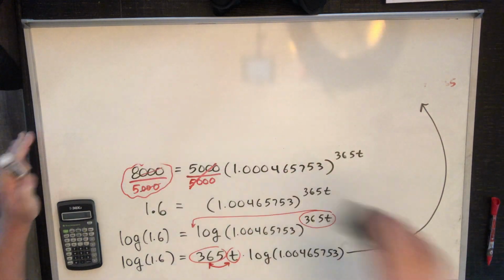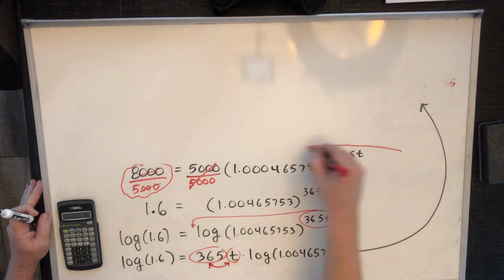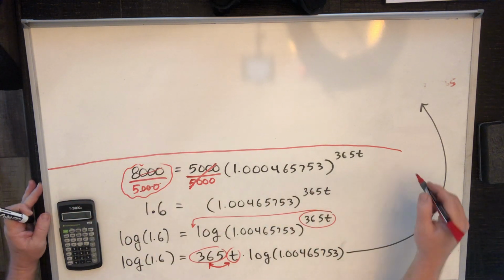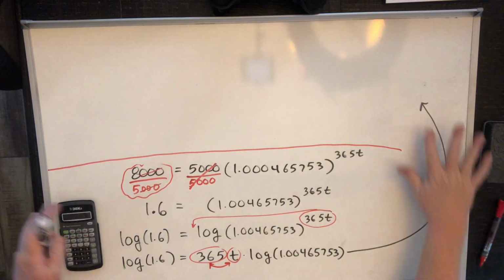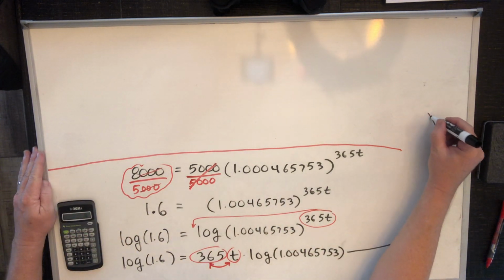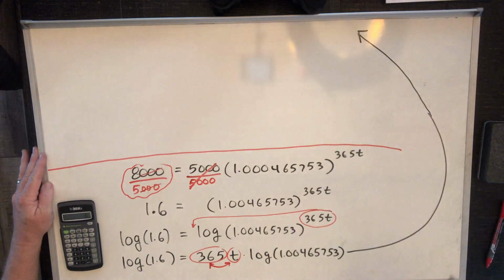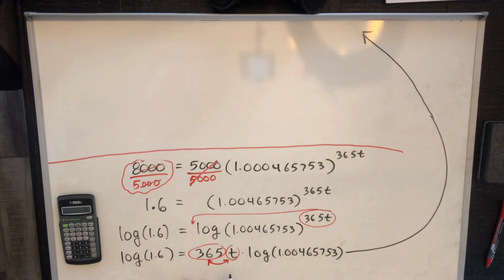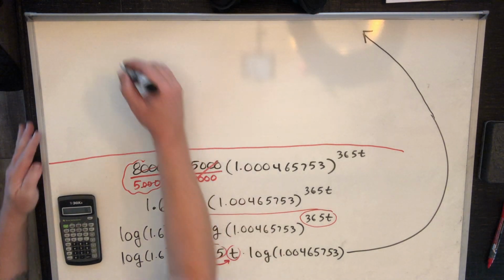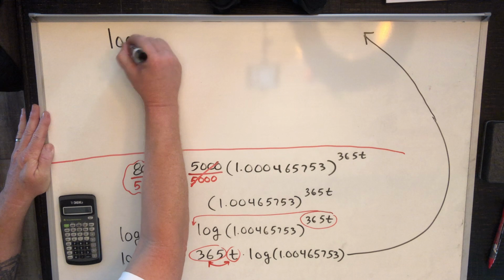Hopefully I'm not losing anybody by doing this. If so, just rewind and watch it carefully. That's the problem with these tiny little whiteboards. So I like to rearrange the order. If you can't see it at the bottom of your screen, I'm going to write it again at the top of the screen.